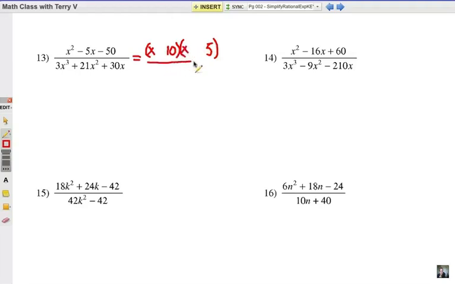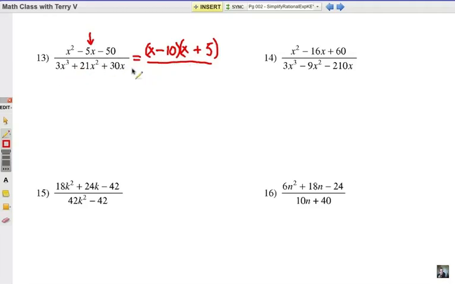Now we just have to get the signs correct. Well, the negative 50 means that we have unlike signs, and the 10 has to be the bigger amount, because we want to get a negative 10x and a positive 5x when we go through our FOIL multiplication. So we know that we have the correct middle term there. x minus 10, x plus 5.